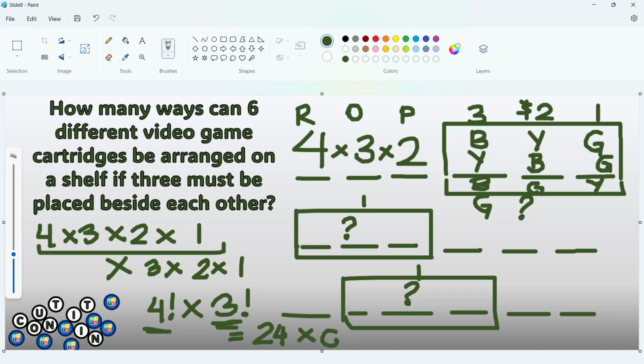In short, the total number of arrangements for the 6 cartridges that must be arranged on a shelf, where a restriction is given to us that 3 of them must be placed beside each other, is the result when we multiply 24, which is the 4 factorial, the number of arrangements considering 3 of them as 1, times 6, which is the number of arrangements that you can do on the restriction or the grouping of 3 itself. So you have here 144 arrangements. Now this is the answer for this kind of situation.